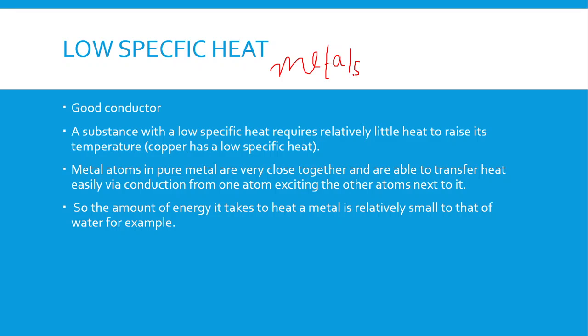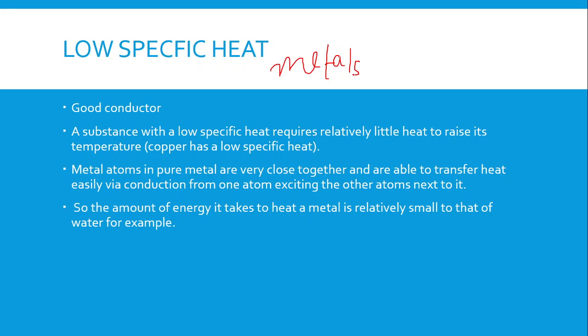A substance with low specific heat capacity requires relatively little heat to raise its temperature. Copper has low specific heat. Metal atoms in pure metal are very close together and are able to transfer heat easily via conduction.